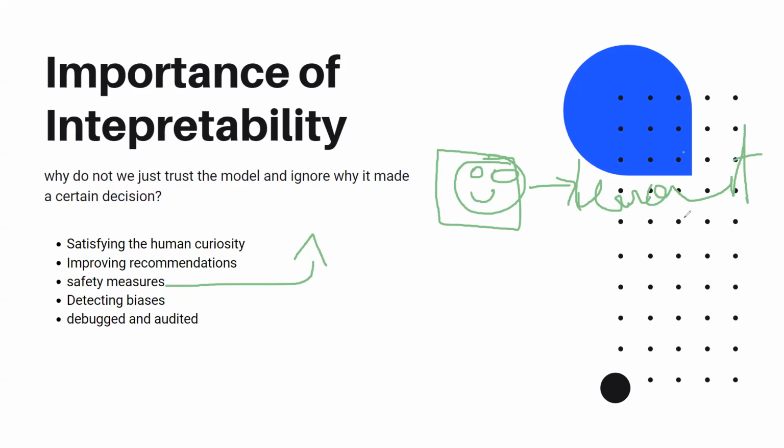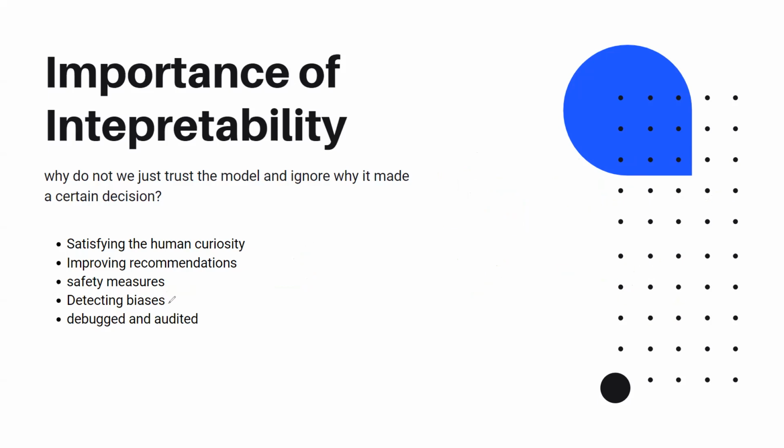And then the model would be able to justify the reasoning. Let's say they have the same nose and same facial features as some other terrorists from before. And the model would be able to explain this and say that they look very similar. Another one is to detect biases.